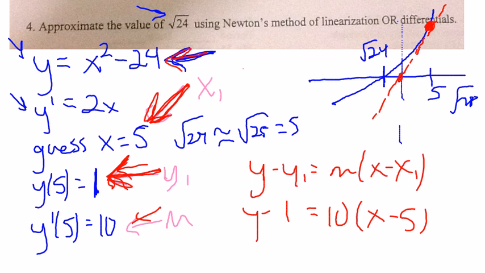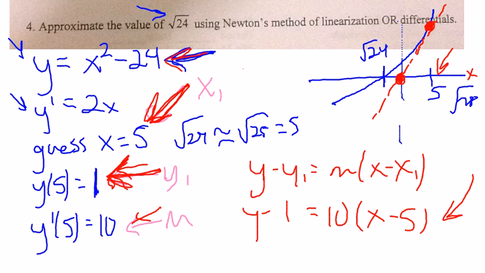Because I took a good guess of 5, but if I take the tangent line at 5 and figure out where it hits the axis, then I know that's going to be a little bit closer than that 5. So this red, sort of dotted line, is this equation right here. So notice I want to find this x-coordinate. I can find that x-coordinate because this is the x-axis right here. And I know that on the x-axis y is equal to 0.